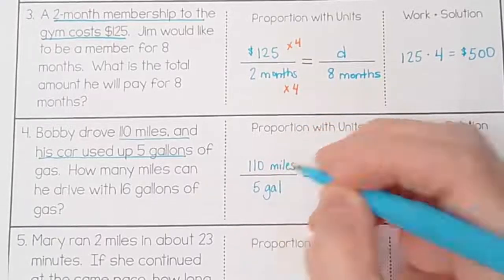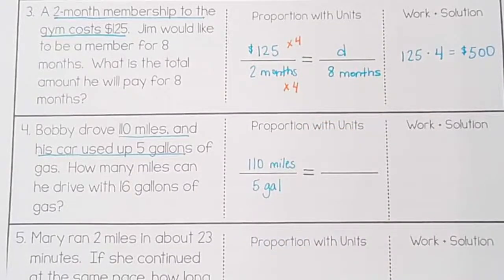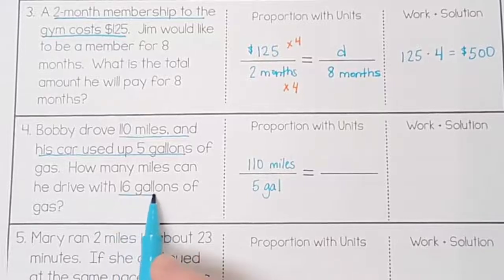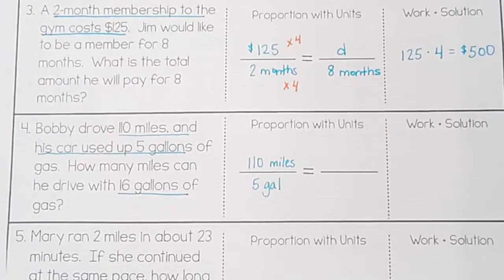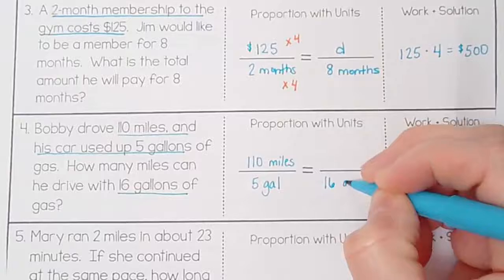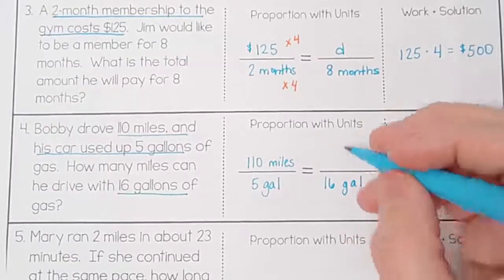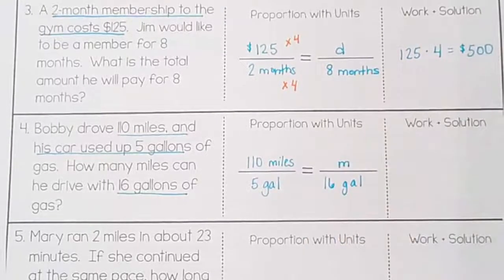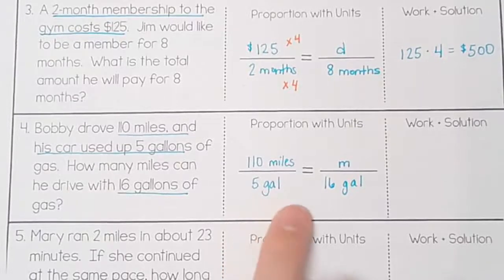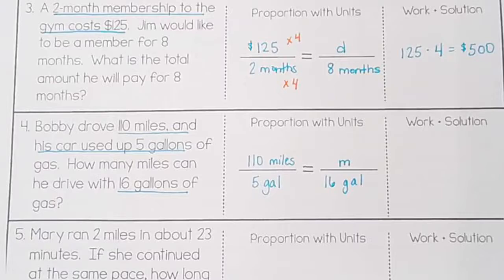All right, so unfortunately, there's not a nice connection between 5 and 16, so I am going to have to do the cross multiplying and dividing. Okay. Well, what are the two numbers that I actually have? I can't do 5 times M because I don't know what M is just yet, so I have to use the other two numbers.